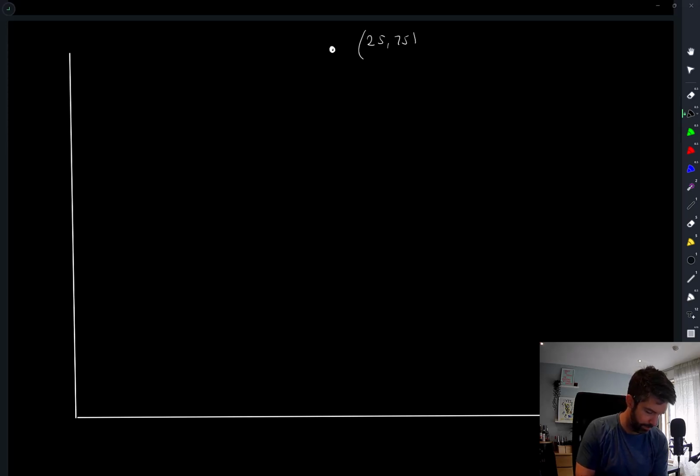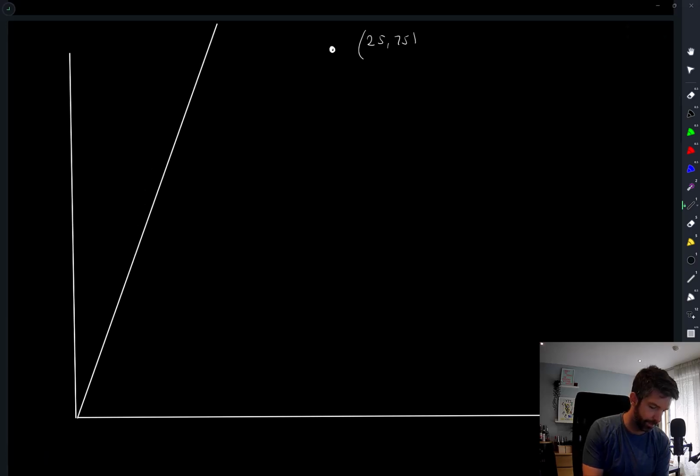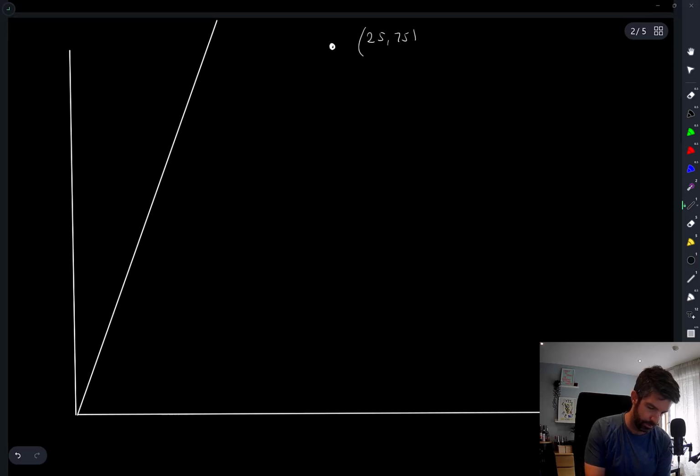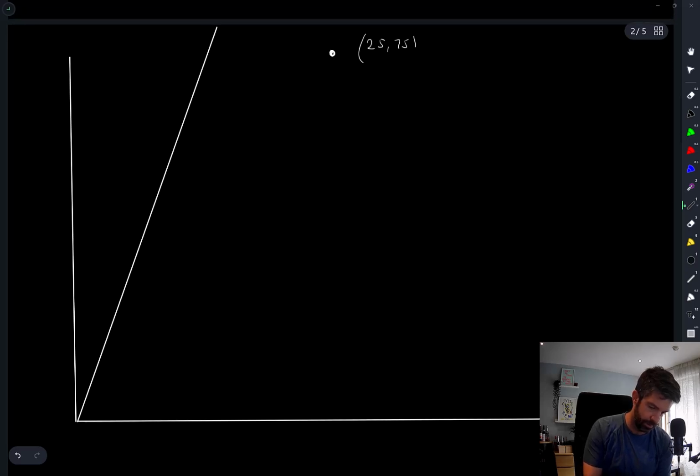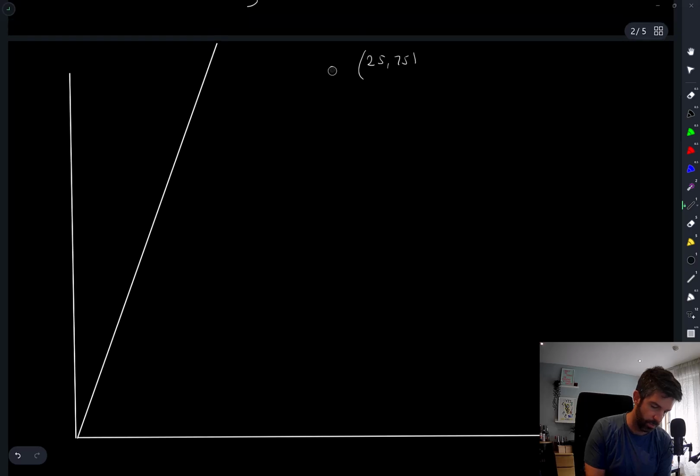We're moving in the second direction as much as possible, so this is parallel to the vector 1, 2. And what I'm going to do here is draw a line through this point, which is parallel to the vector 2, 1.